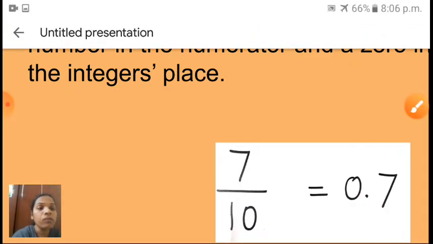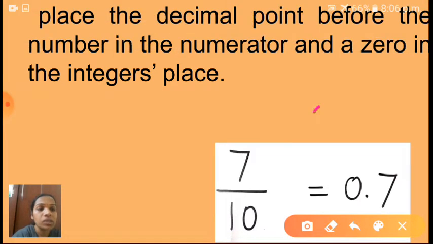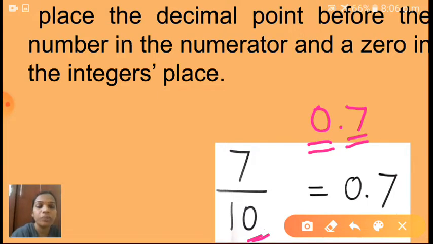So you have to write 0.7. Because there is only one 0, after the decimal point only one number will come, and before the decimal point you write 0. That means I have written 0 in the integers place.